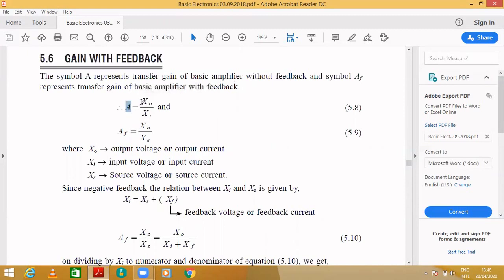You may have a question: why is it written as x0 and xi? Because I don't know whether I'm using voltage or current.